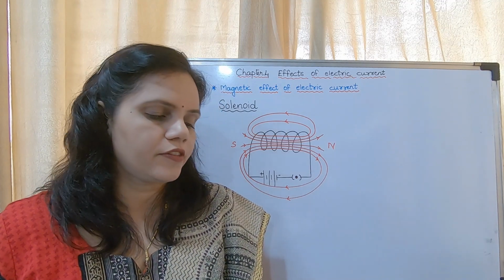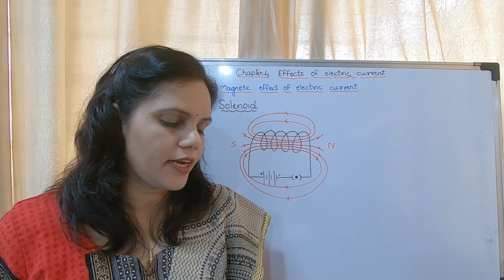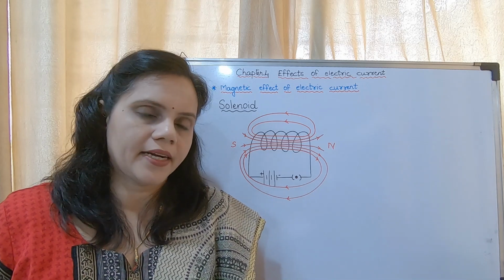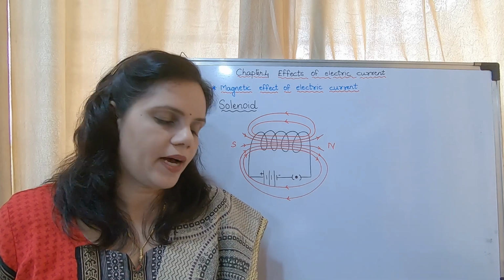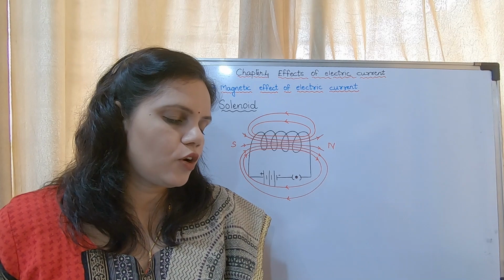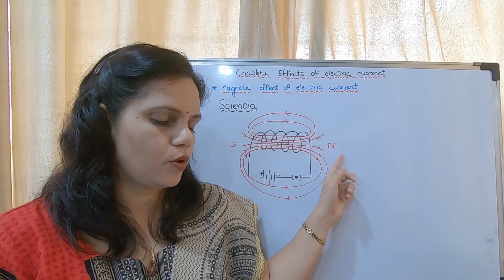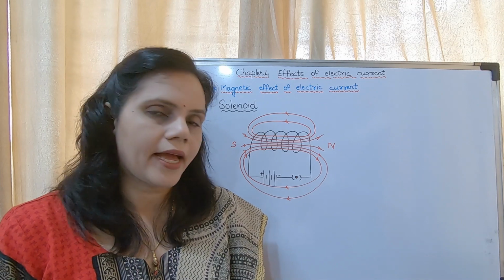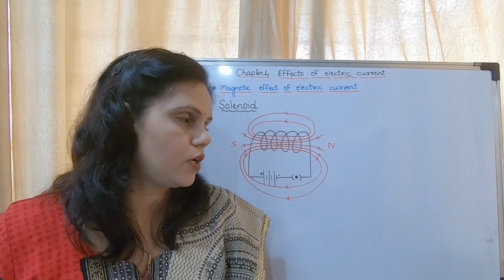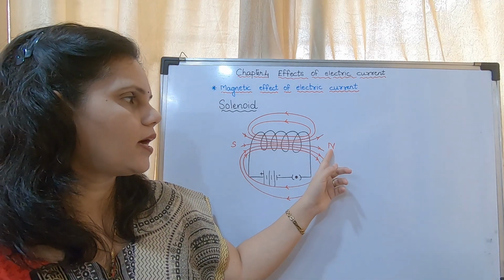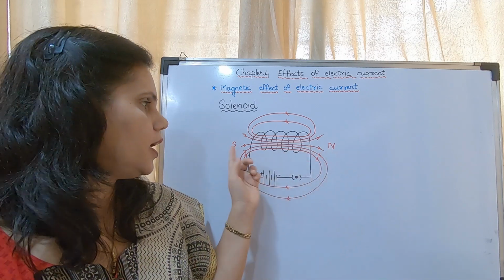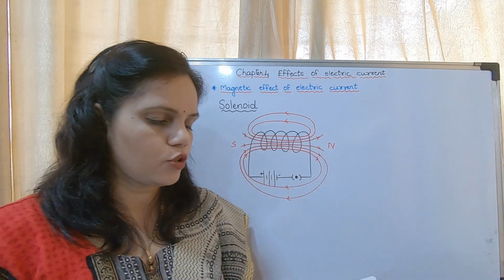The properties of the magnetic field of a solenoid are very similar to the magnetic field produced by a bar magnet. One of the ends of the solenoid acts as a magnetic north pole, and the other acts as a magnetic south pole. You may see in the diagram, one is acting as north pole and the other as south pole.